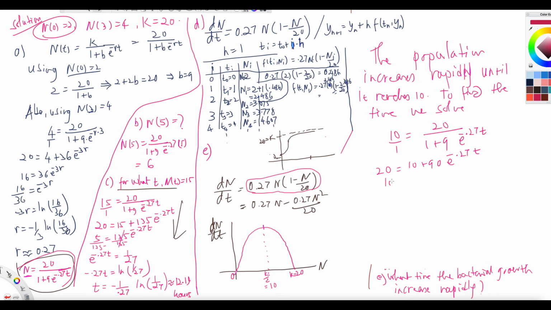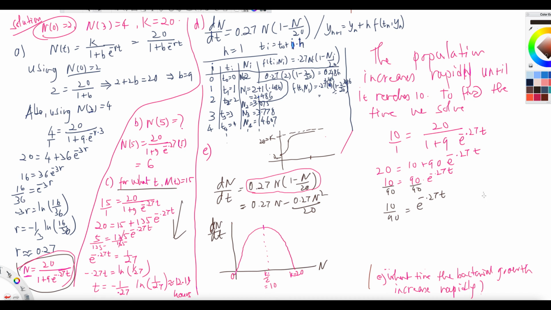Subtract 10, you get 10 equals 90e^(-0.27t). Then divide by 90, so 10 over 90 equals e^(-0.27t).